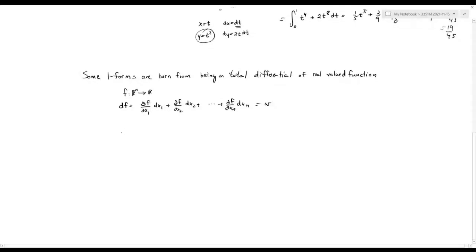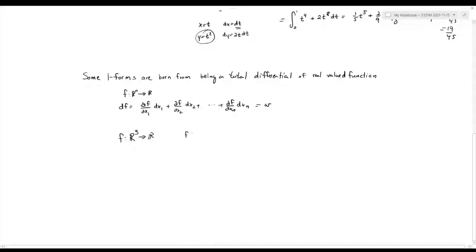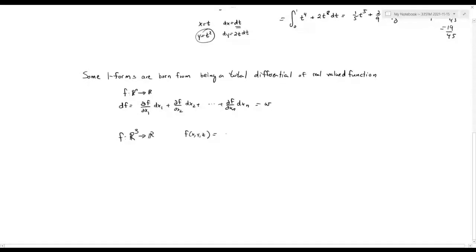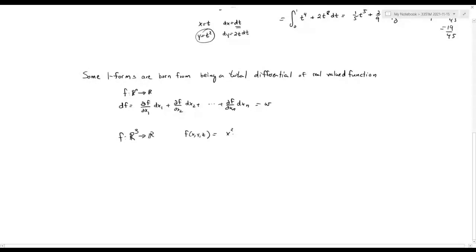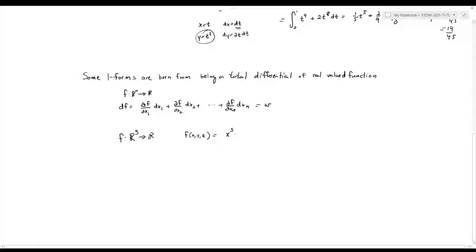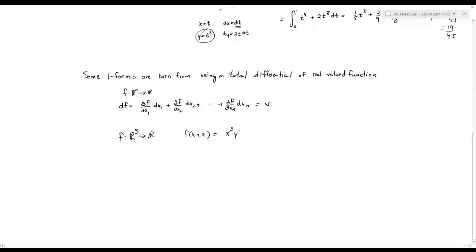So for example, suppose f is a real valued function on R3 given by x cubed, something really cheesy, y squared and z.